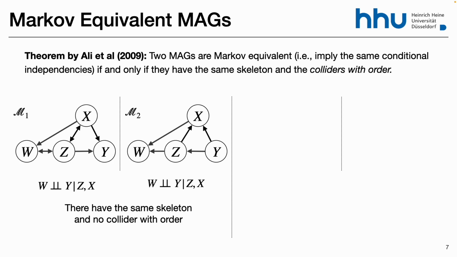So they have no collider with order, they have the same skeleton, and they also have the same set of colliders with order, which is empty. It's a bit tricky, but you can apply the theorem here and detect that both are in the same equivalence class by detecting that the set of colliders with order is empty.